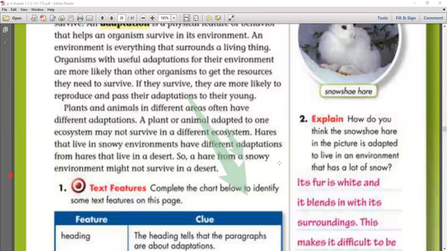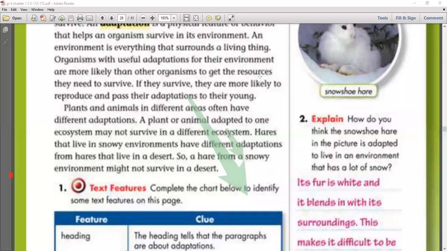Okay, close your mic. How do you think the animal shown here in the picture, how can its hair help it survive in its environment?